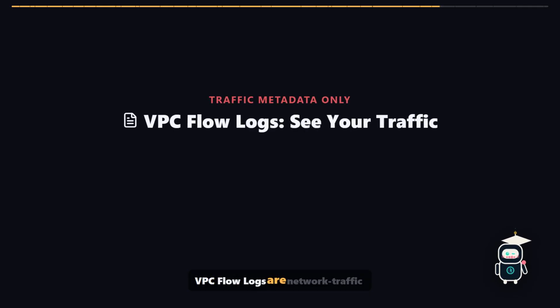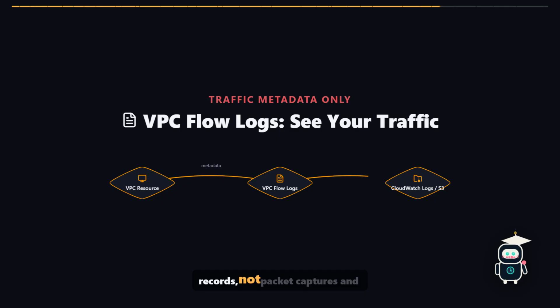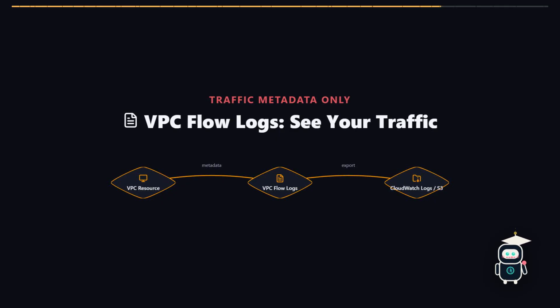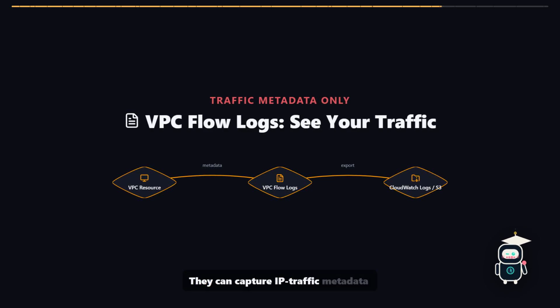VPC flow logs are network traffic records, not packet captures, and not full application request logs. They can capture IP traffic metadata for the scope you choose, such as a VPC, subnet, or network interface.